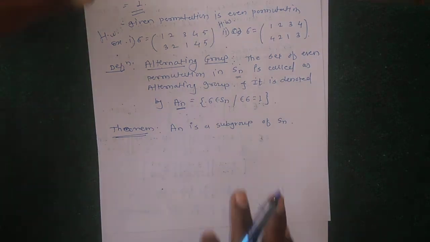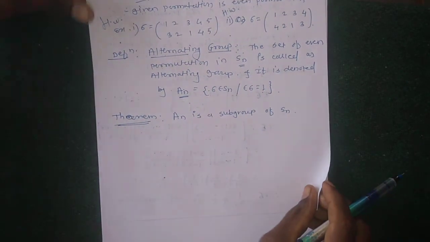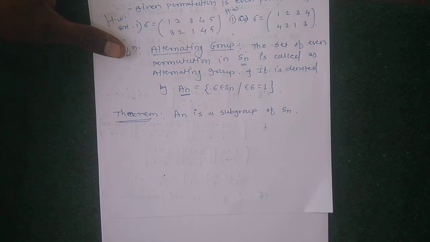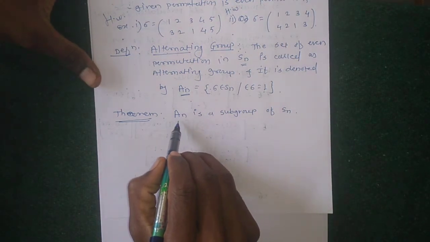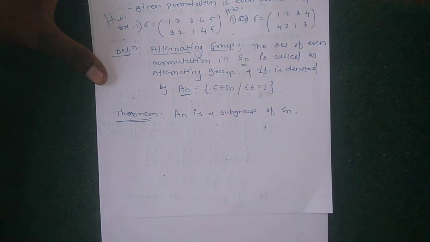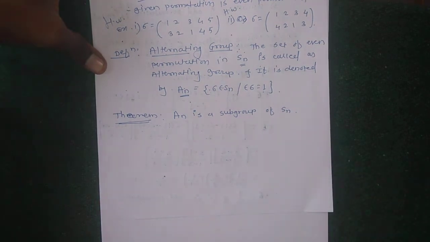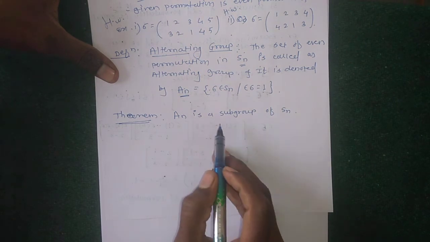So to show that An is a subgroup of Sn, what is the definition of a subgroup? An is a subgroup of Sn if it is closed under the given binary operation, meaning their product, with respect to multiplication.